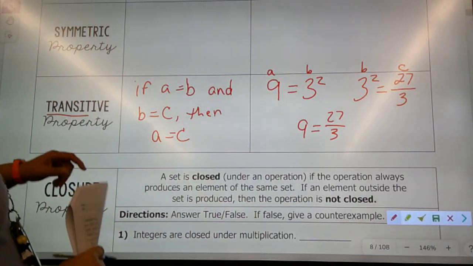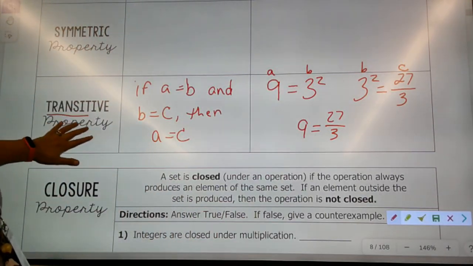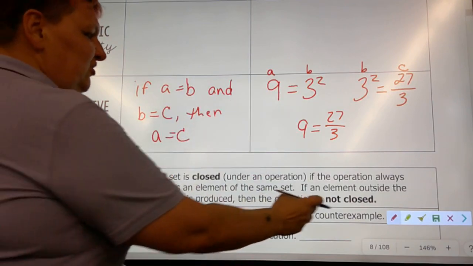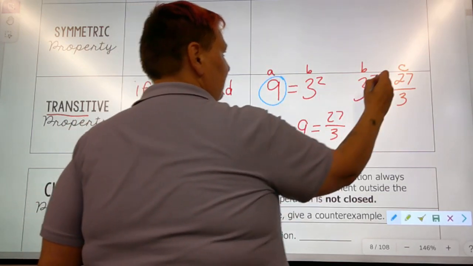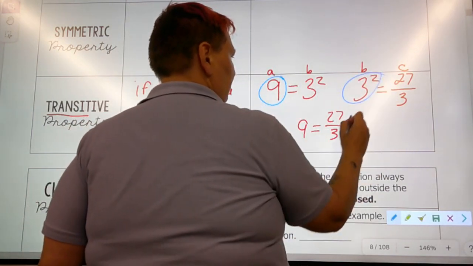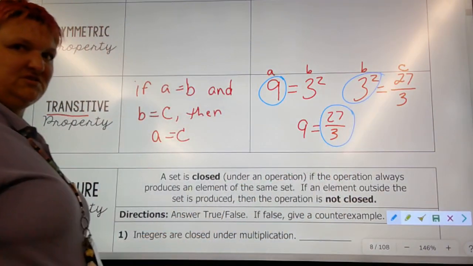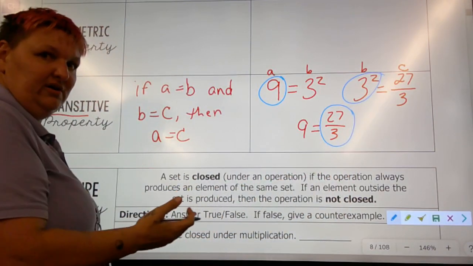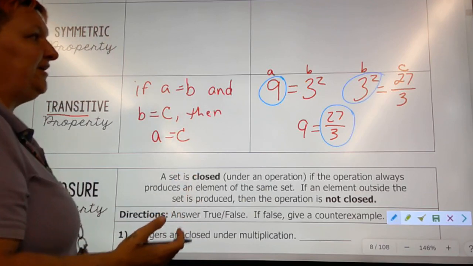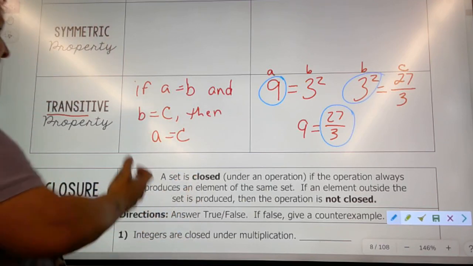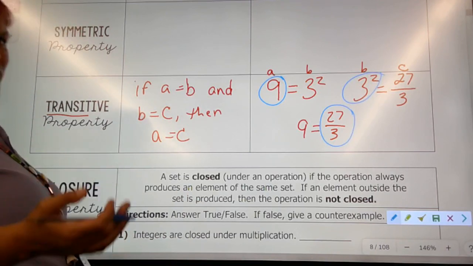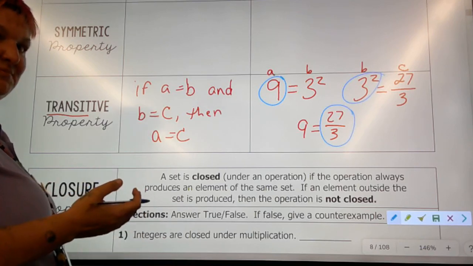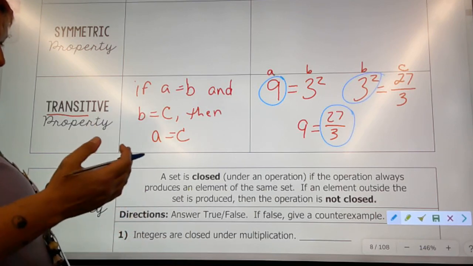And to be transitive, it has to have at least 3 different terms. It has 3 terms. 1, 2, 3. 3 terms that are all equal, equivalent, but they all look different. Transitive property says you could have 15 different terms, but you have to have at least 3 that are equivalent, meaning equal, but look different.